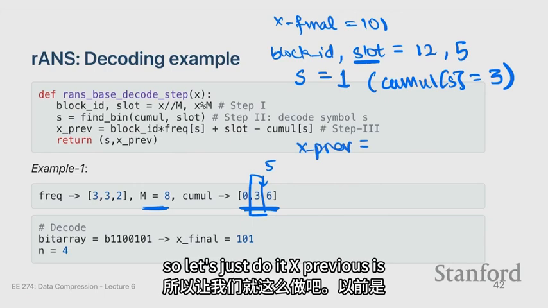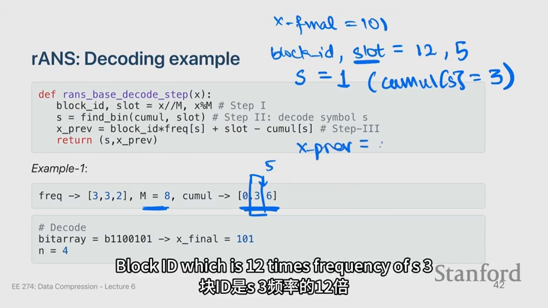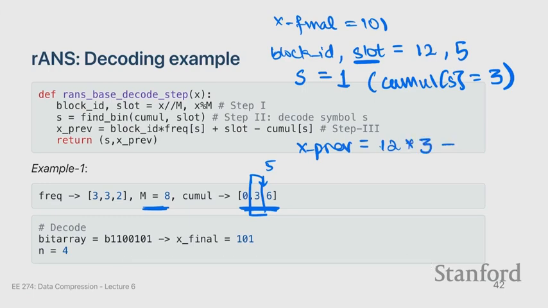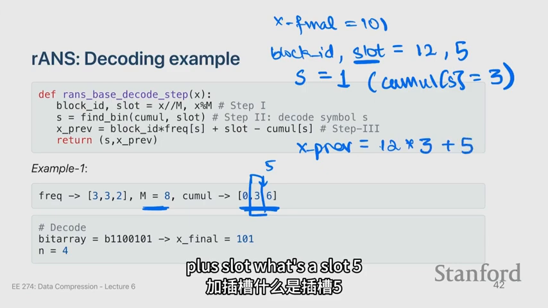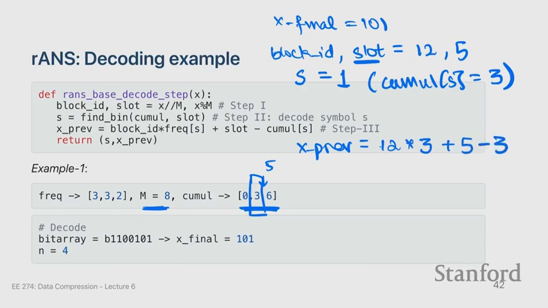Then step 3 is just working out this math. So let's do it. X previous is block ID, which is 12, times frequency of S, 3, plus slot, which is 5, minus cumul S, 3. So this gives 38.